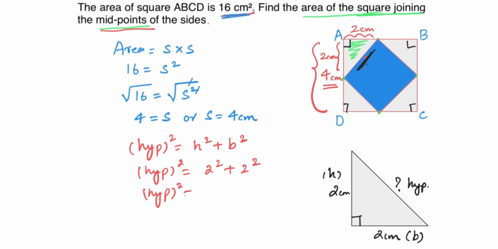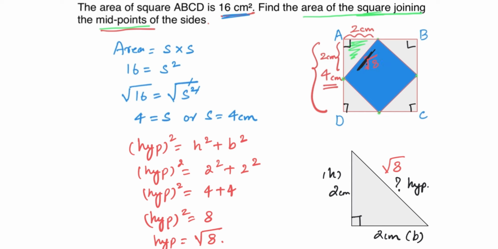We get 4 plus 4, which is 8. So hypotenuse squared is equal to 8. Here we want to find only the hypotenuse, so we'll take a square root on both sides. We get square root of 8. That's the hypotenuse, which is the side of this square.